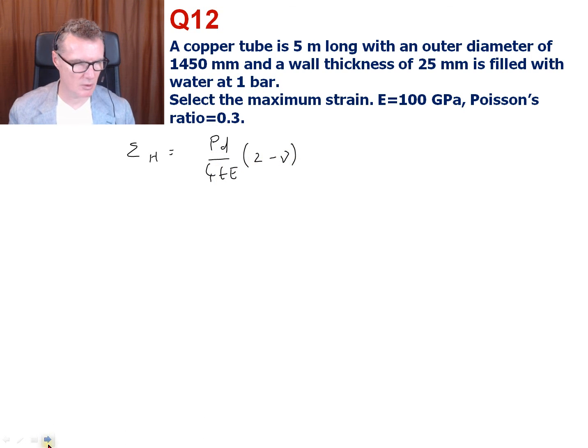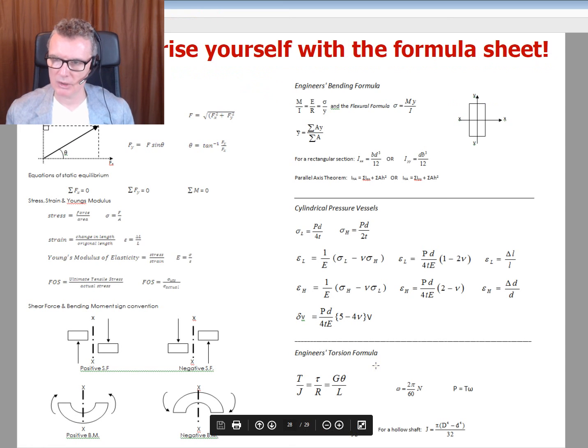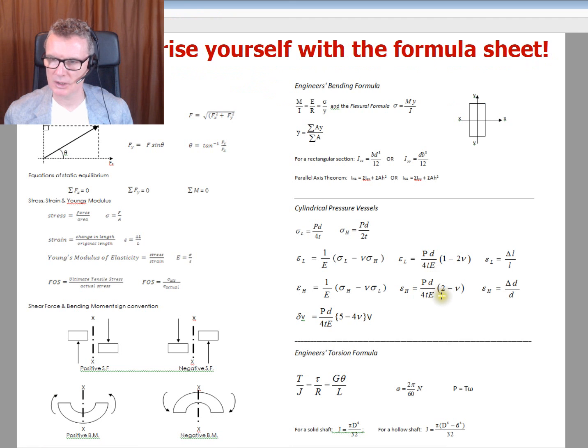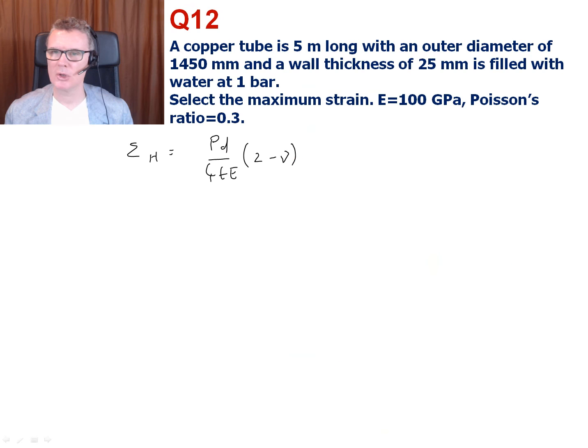Right, so if we just go back, just check I've written that down correct. So PD divided by 4TE, open bracket, 2 take away Poisson's ratio, close bracket. So that's where I'm going to get the most strain in this pipe.